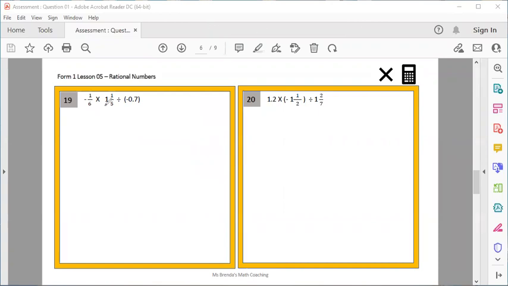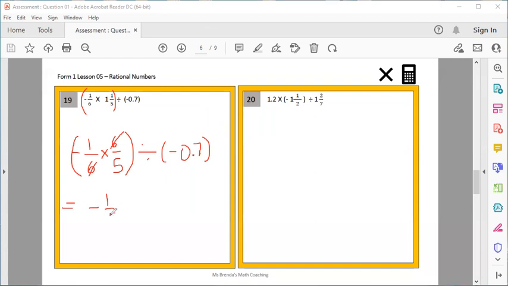So in this case, sometimes it's better for you to work it out as a fraction. In other words, negative 1.6 multiplied by, this is 6 over 5. Can you see? And then it will cross off by itself. You see that? And divide by negative 0.7. That one you keep, never mind. What's the answer here now? Negative 1 over 5, isn't it? And that negative 1 over 5 must divide with negative 0.7.